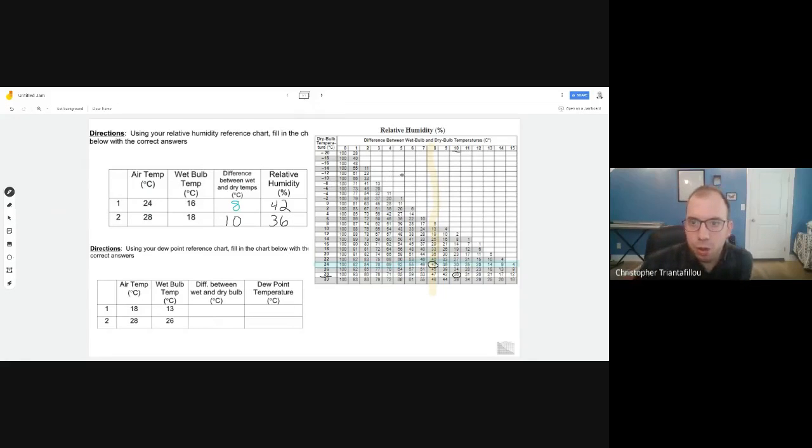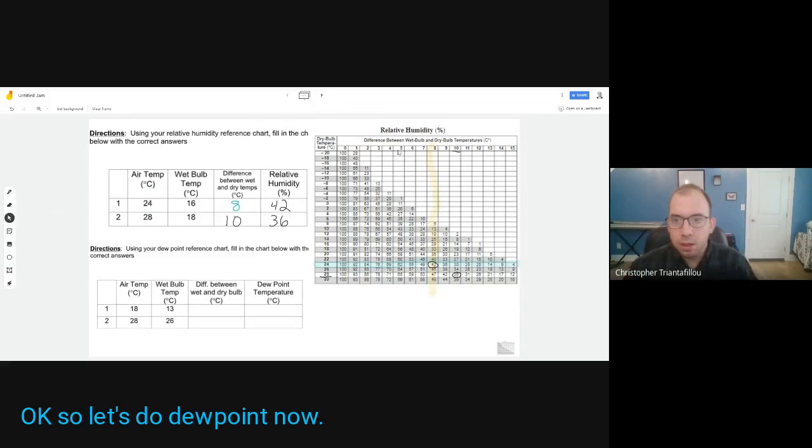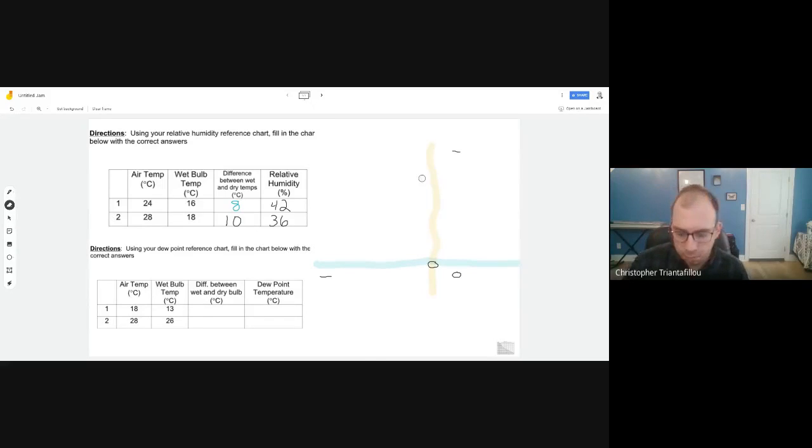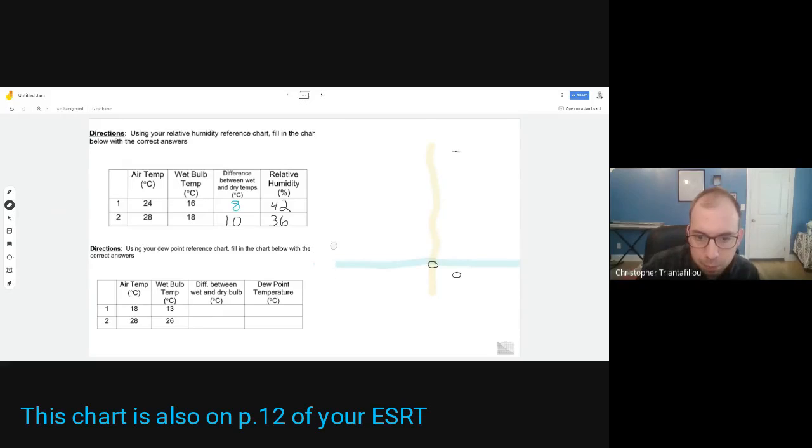All right, now let's do dew point. So this is also on page 12.